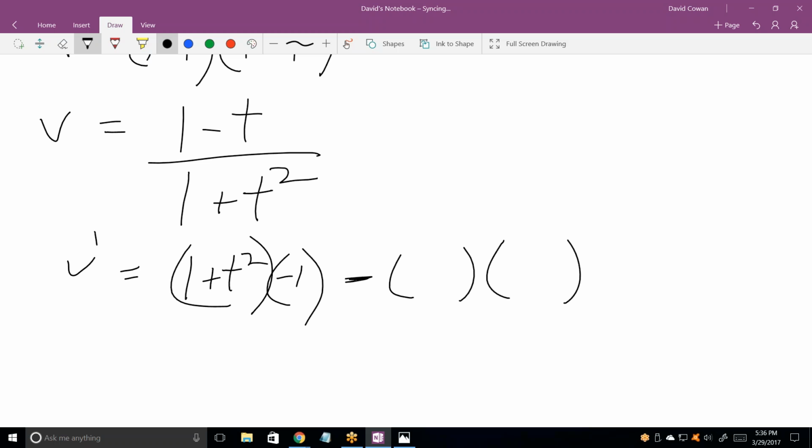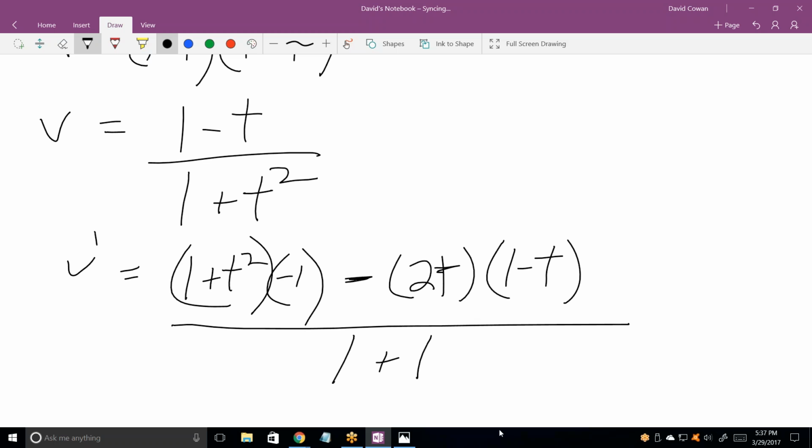That would be minus 1, or no, 2 and 1 minus t. 2t, that's the derivative of the bottom, times the top, 1 minus t, all over 1 plus t squared squared.